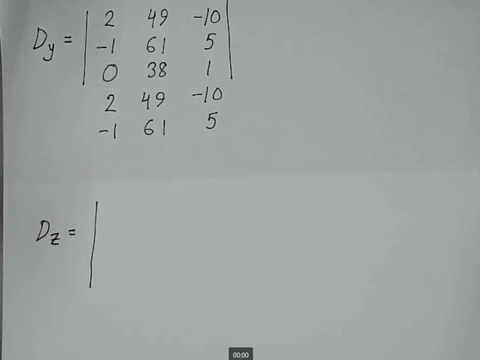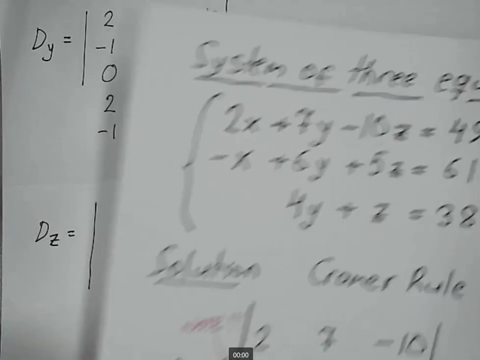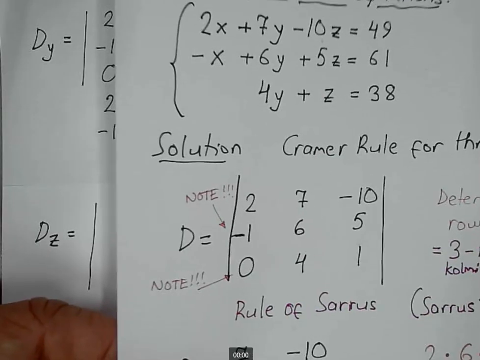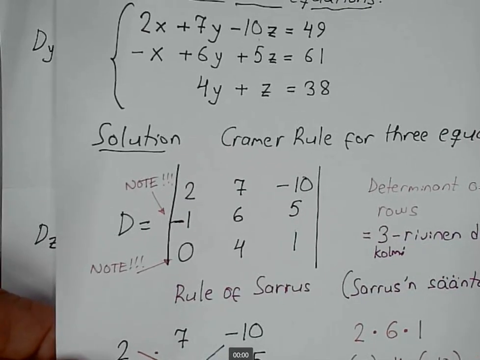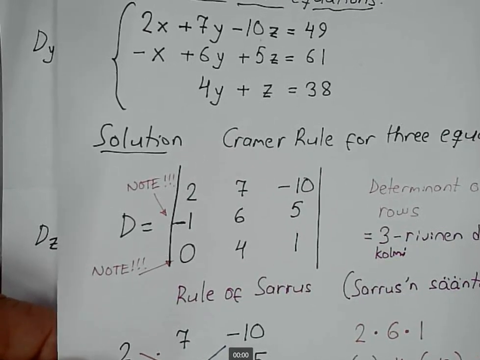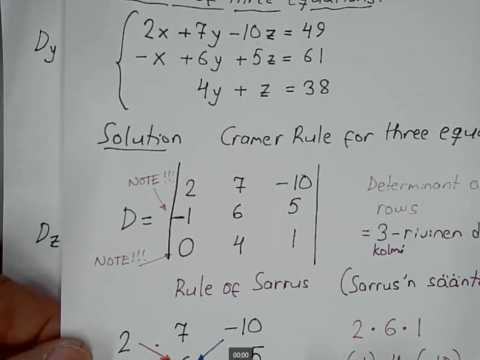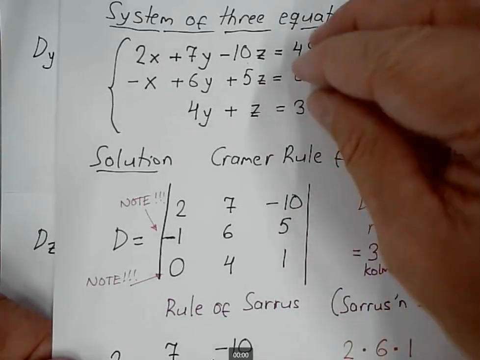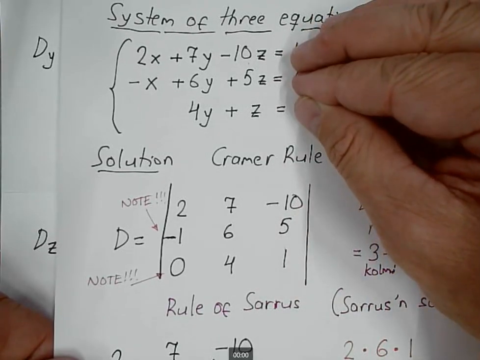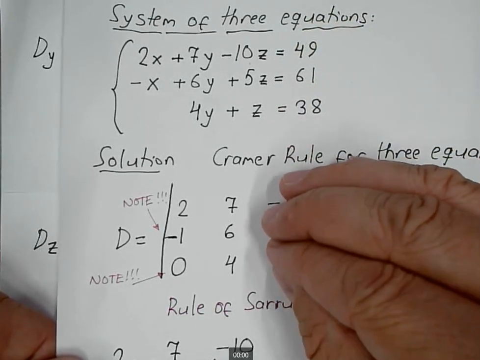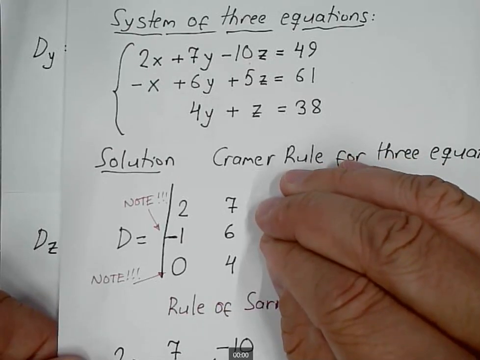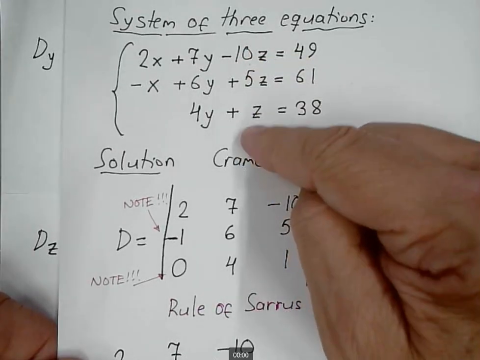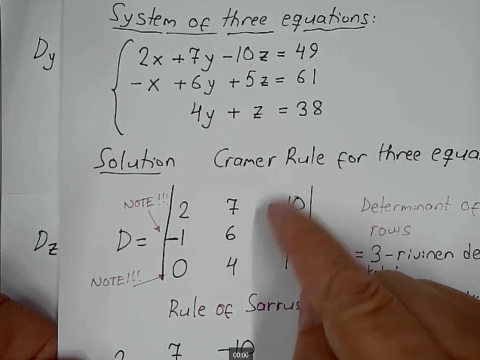And now we are having the determinant d here, and now when we are solving the determinant d zeta, we will take these numbers from the right hand side and put them in the place of these numbers here. So in the place of the numbers in front of these zeta letters.